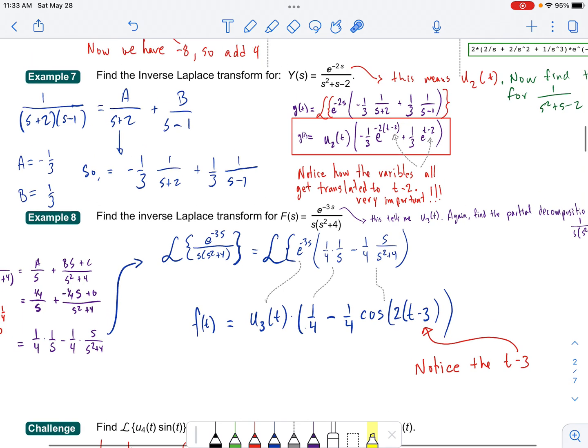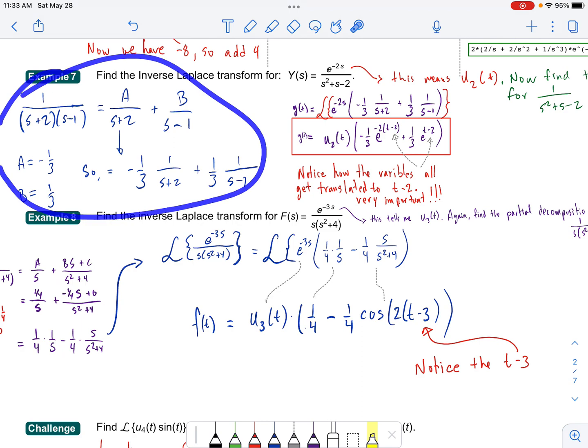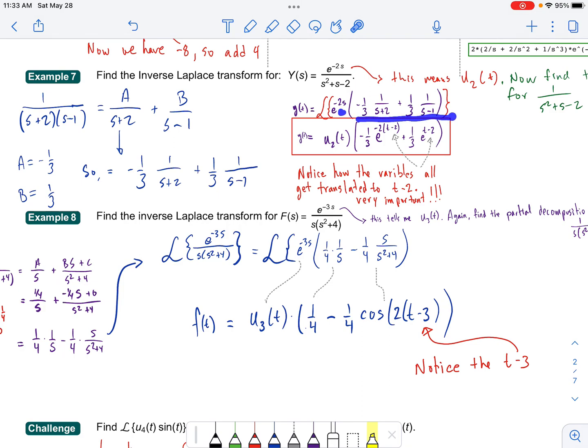So that's what I did on the left-hand side here. So here's my partial fraction decomposition. It looks like when I split it apart, a was a negative 1/3 and b was a positive 1/3. So my function now is e to the negative 2s times the partial fraction that I just created.